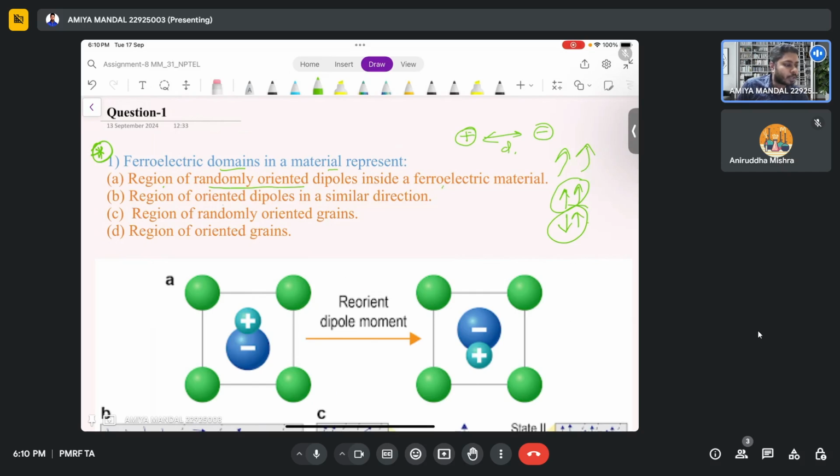Option two: regions of dipoles oriented in a similar direction. If dipoles are oriented in a similar direction in a region, it is represented with this type of notation.